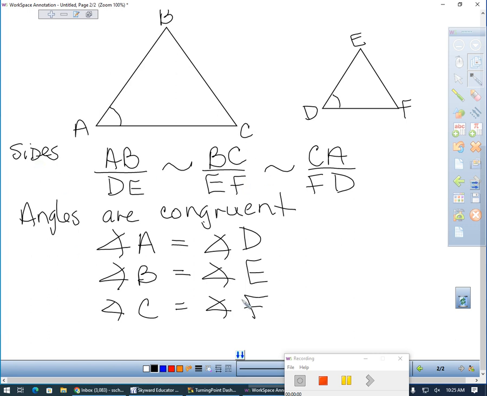Is there any question? No. So we're clear here? Okay. Now the whole idea is we can take these proportions and in order to find a missing side, we can set it up as ratios comparing the sides, which I know you did last year, right?